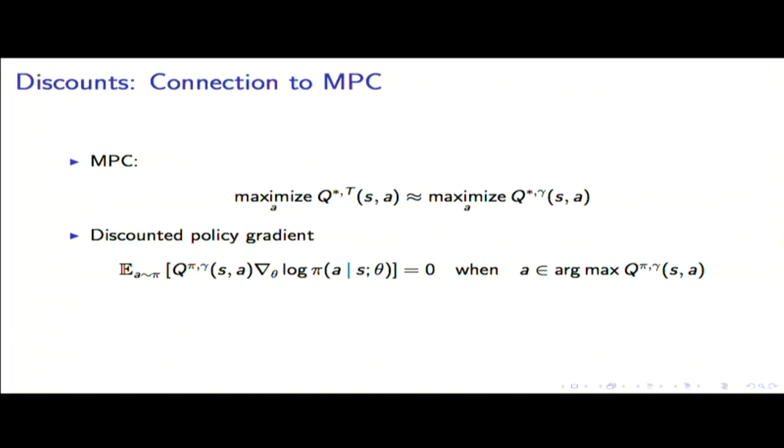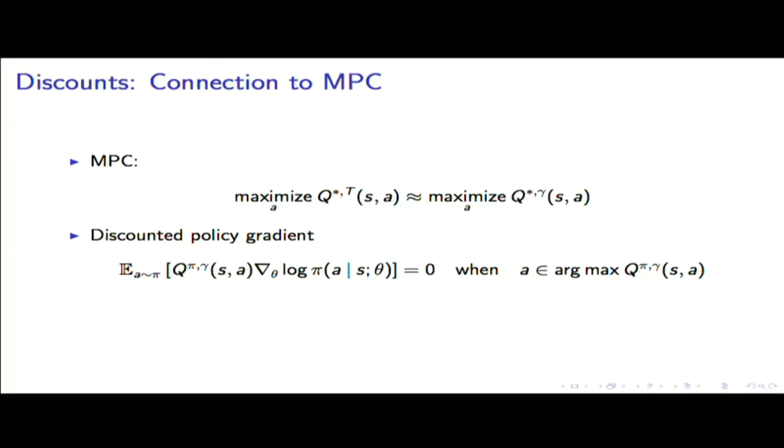Here Q star just means, remember we were talking about optimal policies in the previous class, and V star was the value function of the optimal policy. Q star is defined analogously as the Q value that you get from the optimal policy. Okay, so that's what MPC is doing. Discounted policy gradients, we showed in the previous slide, are equal to some expectation involving the Q function times grad log probability, where we have a discounted Q function here.